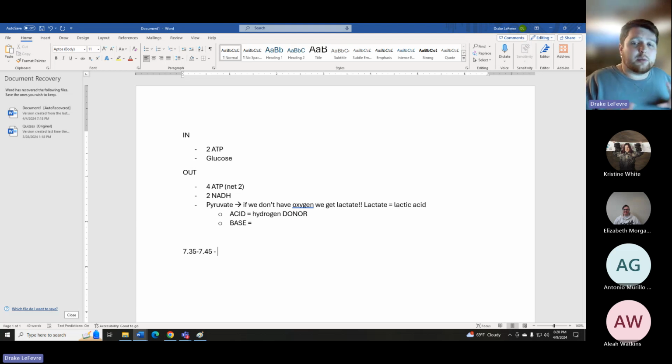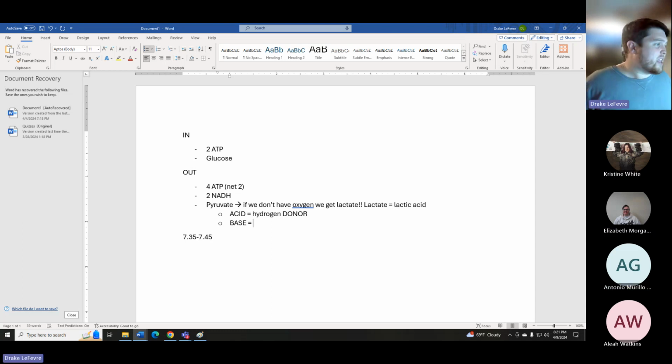Once we stop moving and get blood flow to the area, oxygen comes in, and we can clean out that lactic acid with our blood, along with the carbon dioxide. That's going a bit more into the physiology side, but we tied it in to the biochemistry. Does all of that make sense?